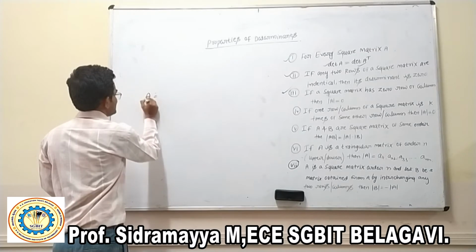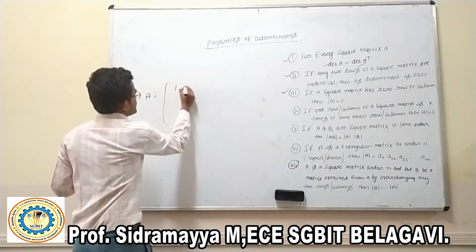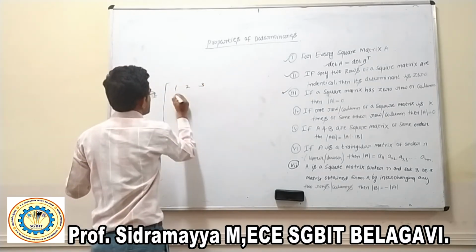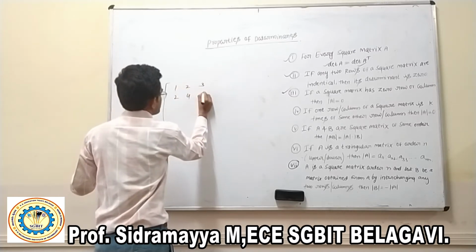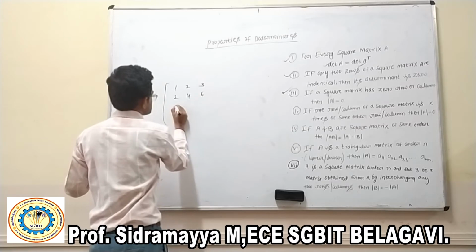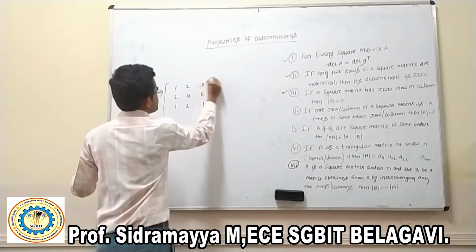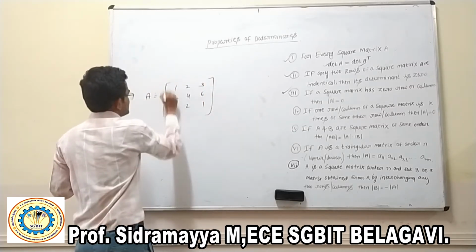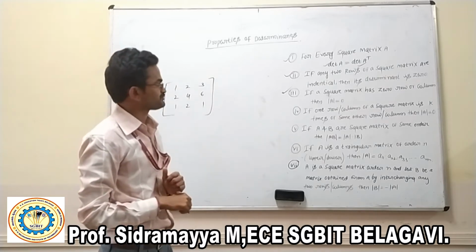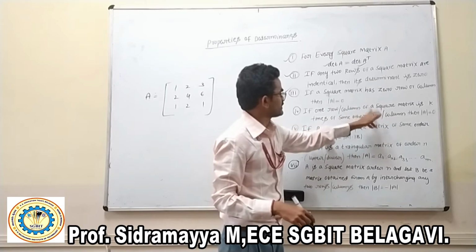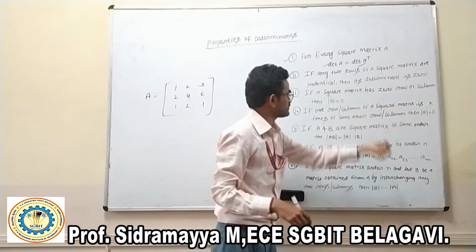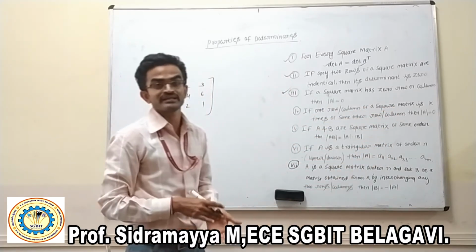Consider this is matrix A: 1, 2, 3, 2, 4, 6, 1, 2, 1. Correct? It satisfies this property.